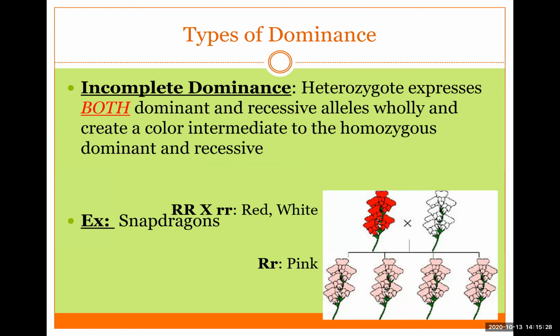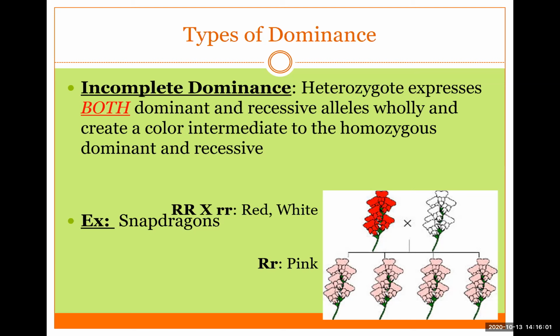Incomplete dominance. So, some of those calves that we had, they were uppercase B, lowercase b, right? And in the case of complete dominance, those calves would have been black. But we do have some genetic traits that when you take the homozygous dominant individual and you breed it to the homozygous recessive individual, the resulting heterozygous babies don't make the dominant color.